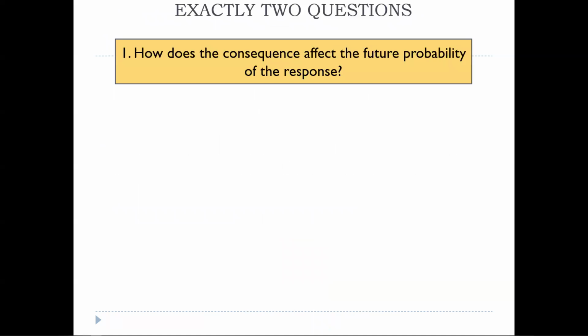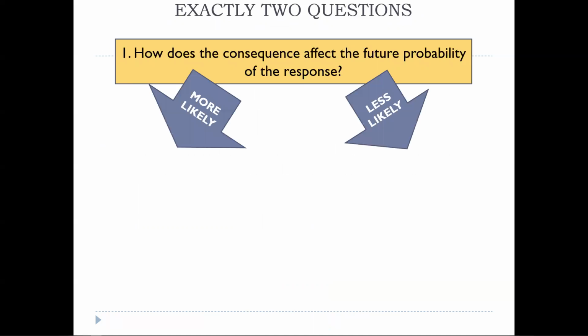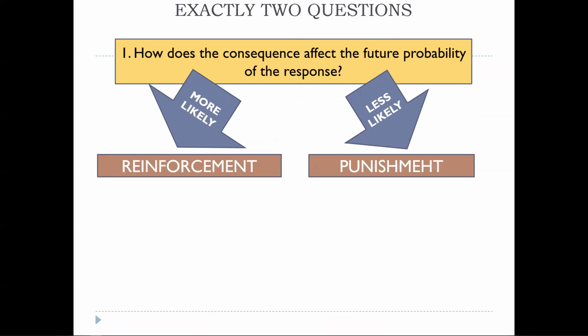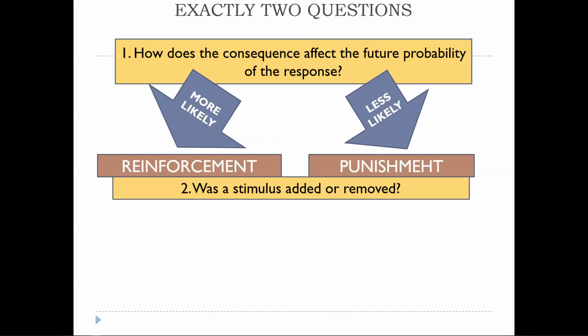So when you're trying to determine what something is, you really have to answer two primary questions. First, how does the consequence affect the future probability of this response? Is it going up or is it going down, making it more likely or less likely? If it's more likely, then no matter what, you're working with reinforcement. If it's less likely, you're automatically working in punishment. Then you ask, was it because you added a stimulus or removed a stimulus?